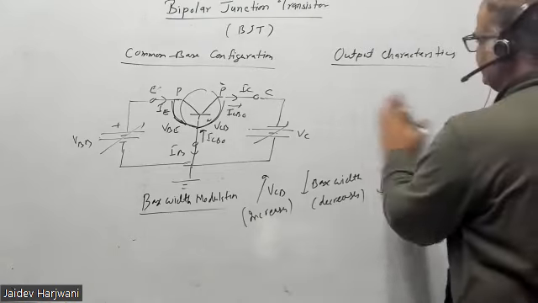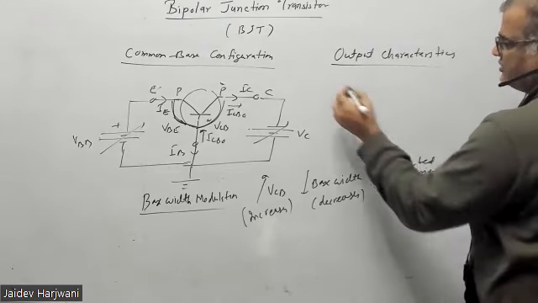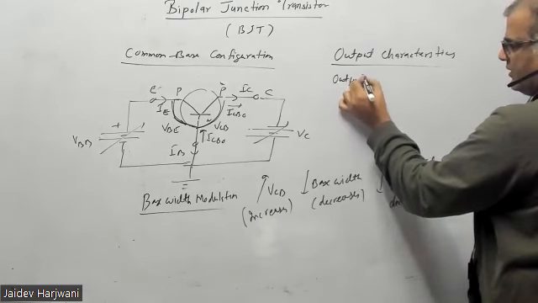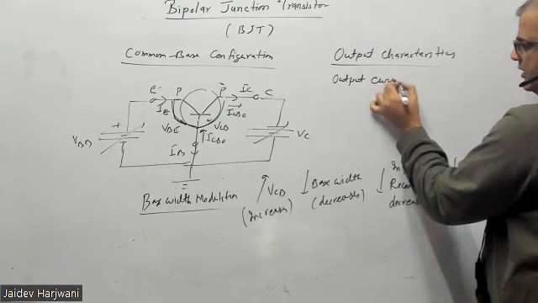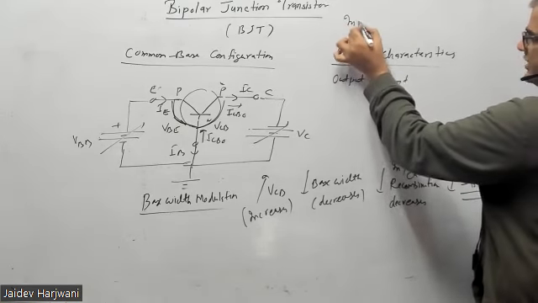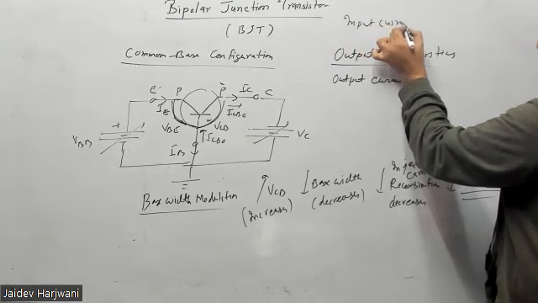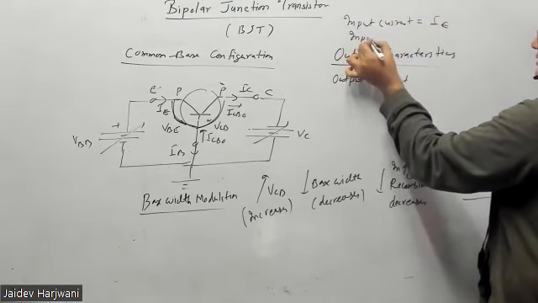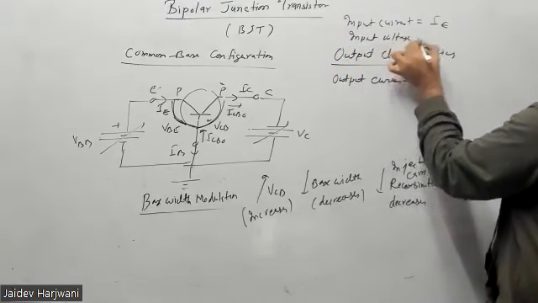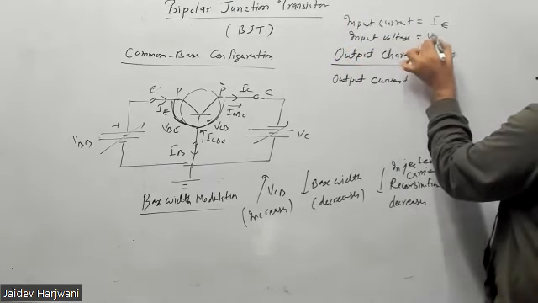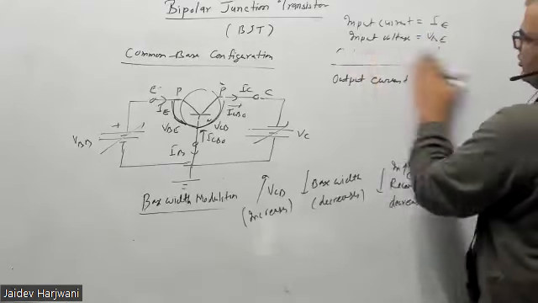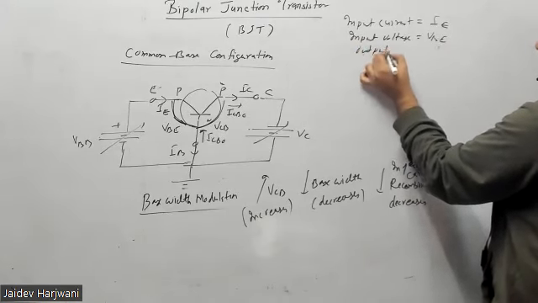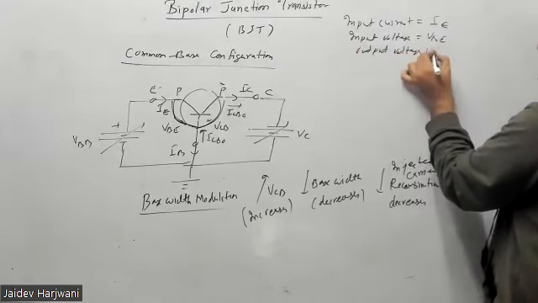So what is output characteristic? Output characteristic means the relation with the output current. So what is the output current here? Like there was an input current. Input current was IE in common base. Okay. Input voltage was VB, okay, and output voltage was VCB.